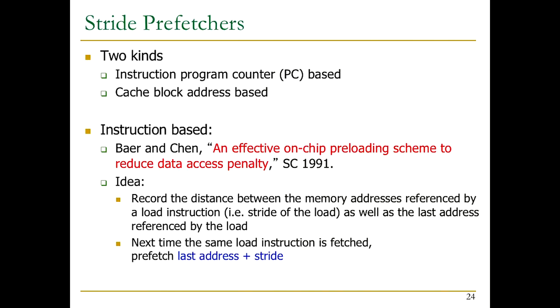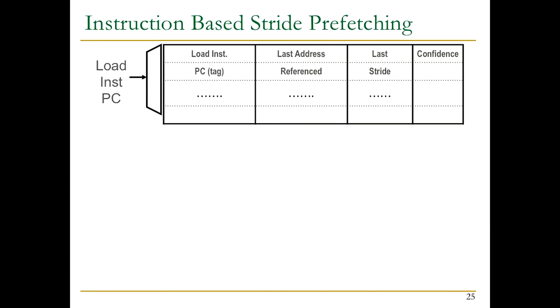And you do it on a load basis, because this paper showed that different loads have different strides, which may make sense also, right? Okay. So how do you actually build a predictor that looks like this? It's relatively simple. I'm not going to go through it in detail, but you index this with the program counter, tag.